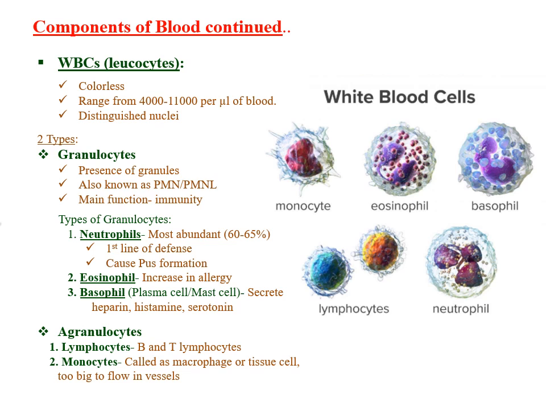B lymphocytes are formed and mature in bone marrow, and thus their name is B for bone marrow. They make antibodies that bind to the pathogens to cause their destruction. T lymphocytes mature in the thymus, the gland that secretes thymosin.